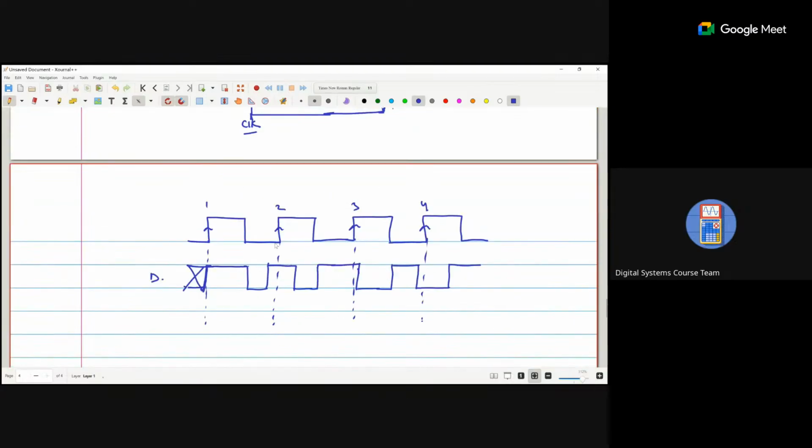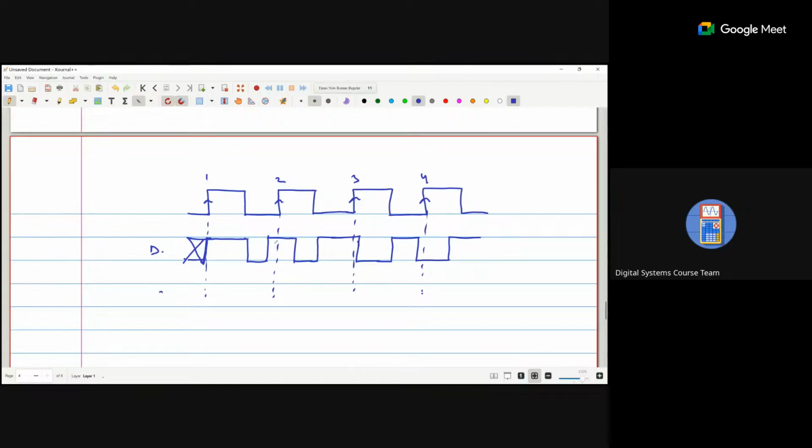Now what is Q1? It is level triggered, so in this level, any changes in D will appear. Before that, any data, but when this particular level is positive and D is 1, that will be maintained.